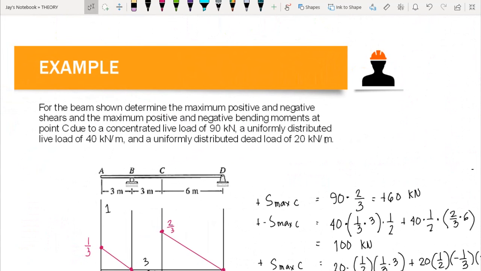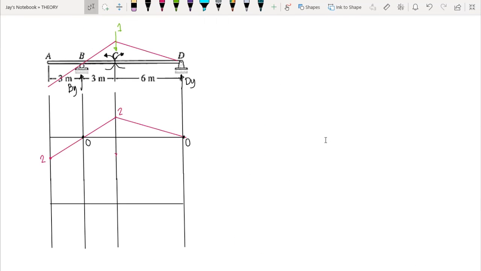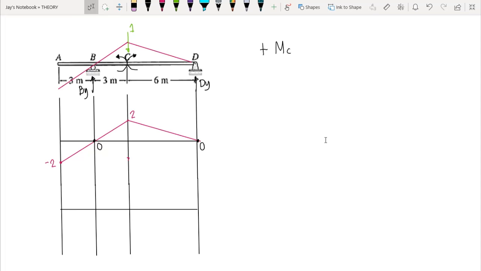Now for the next question, we are asked to compute the maximum positive and negative bending moments at C due to the same loads. So to compute the positive bending moment at C, we place our 90 kilonewton concentrated live load here at the highest positive ordinate. Okay?